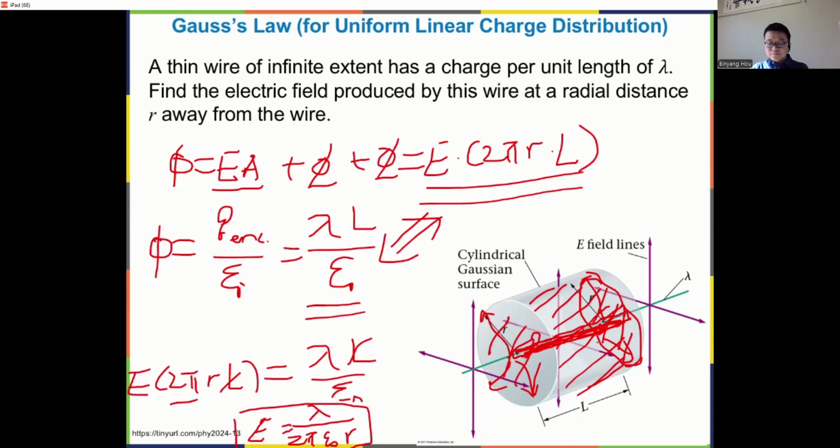You can see it's inversely proportional to R. As you go further away from R, E will decrease. And that's the only variable there. Okay, all right.